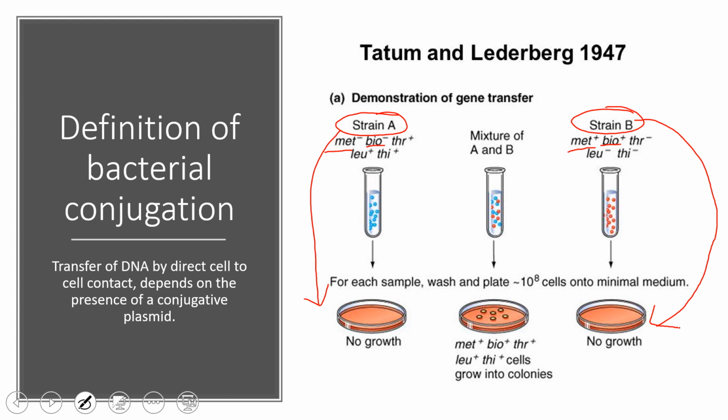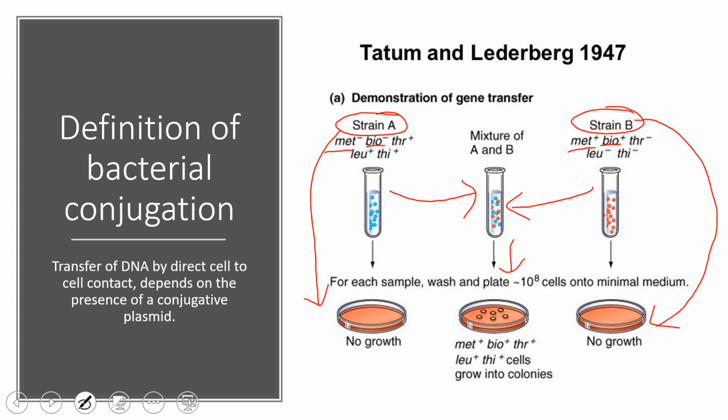But after that, strain A was mixed with strain B in a test tube. They left it for some time so that conjugation might occur. Then they placed those bacteria again into the minimal medium, and you can see there is growth of the bacteria.